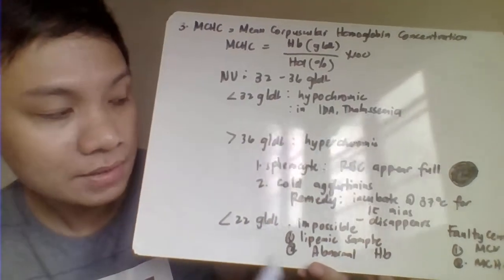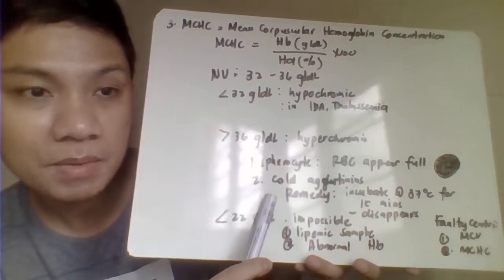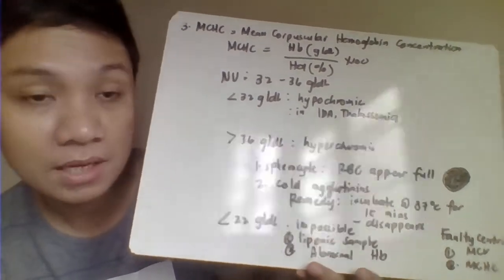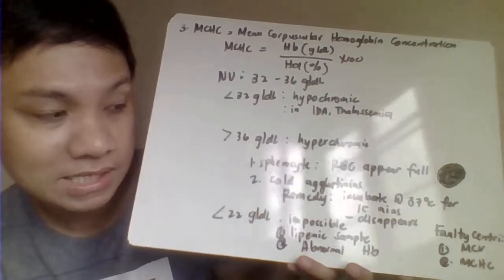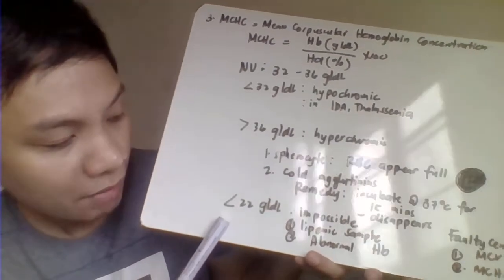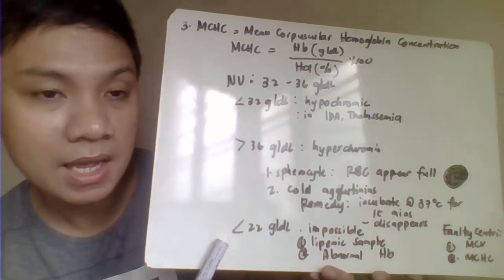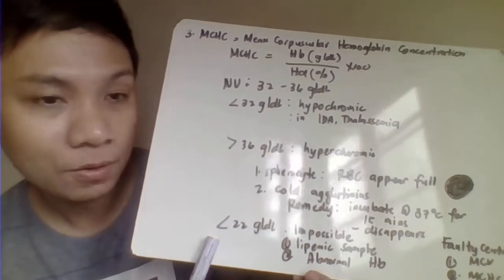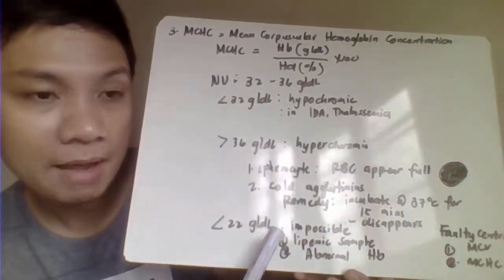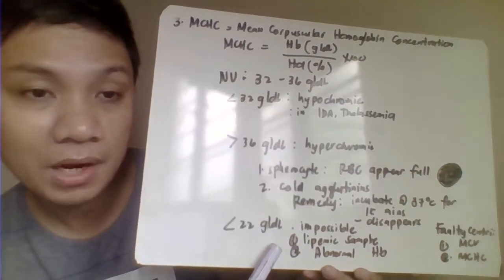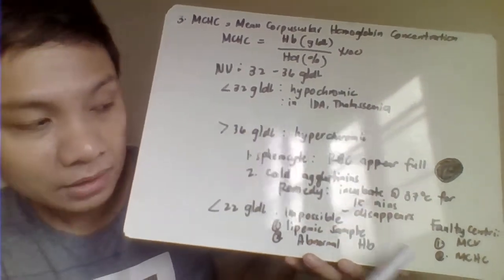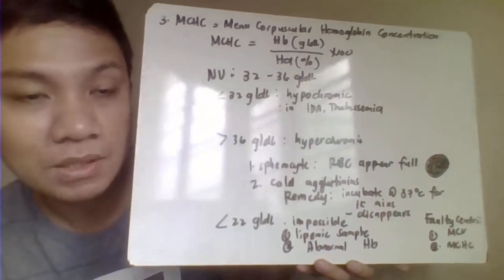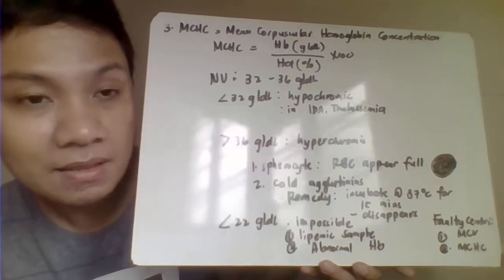If the cold agglutinins are present, that would disappear after you incubate your blood at 37 for 15 minutes. Okay, then we have also here less than 22 grams per DL. Sobrang baba na nito, and that might be related to a lipemic sample even in the presence of abnormal hemoglobin. Then we have here faulty centrifuge, mean to say defective centrifuge.